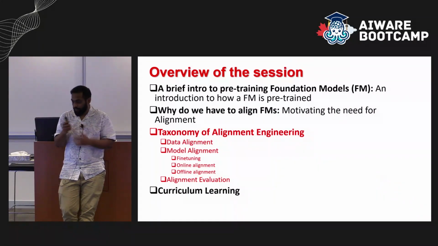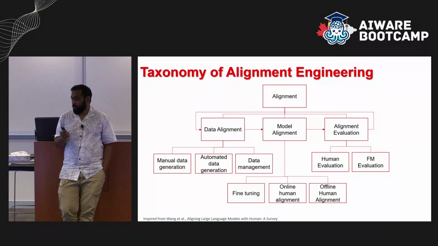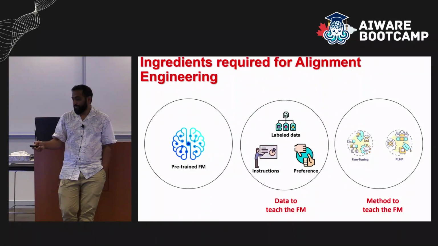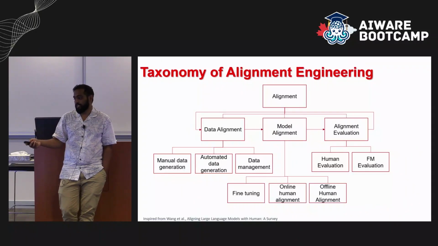So we will go into the different types of alignment methods that are out there. As we saw in the previous slide, we need data, which means that we need methods to curate the data in the right way, or collect the data, generate the data, and curate the data. And then we need techniques to teach the model.